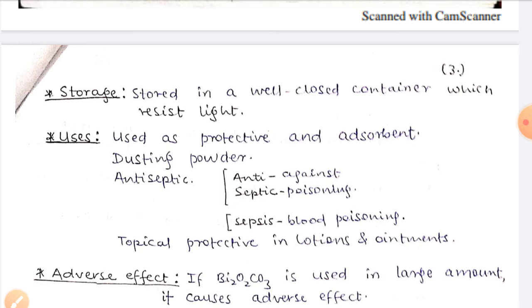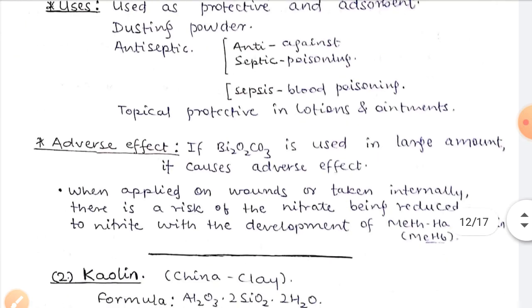The uses: it is used as a protective and adsorbent, as an ingredient in dusting powder and as an antiseptic. It is also used as a topical protective in lotions and ointments. Now what are the adverse effects? If bismuth subcarbonate is used in a large amount, it causes adverse effects.